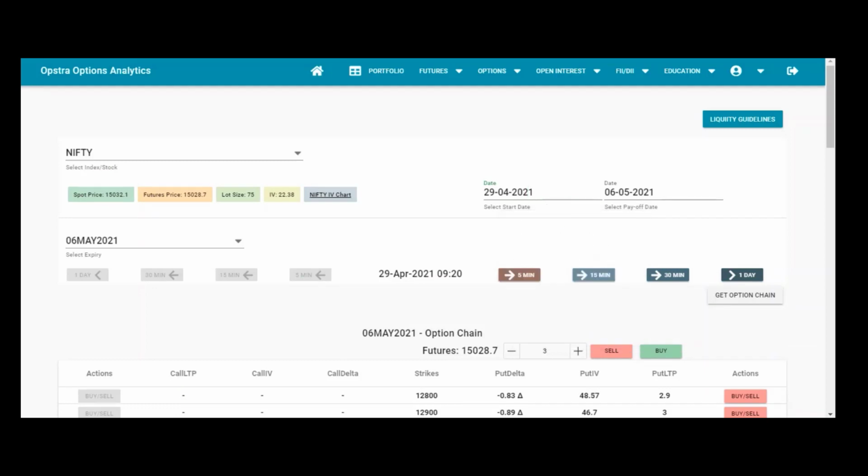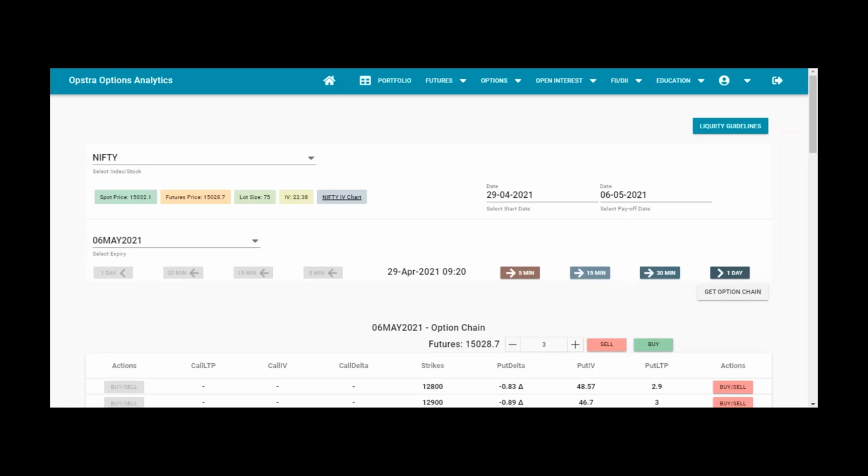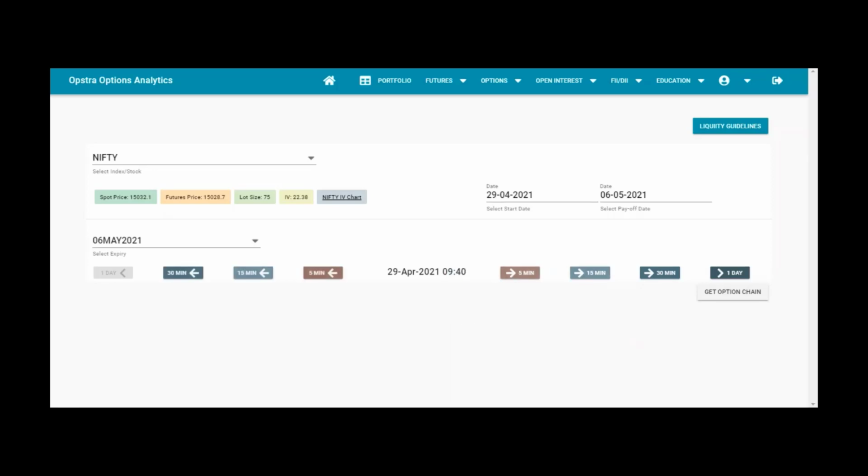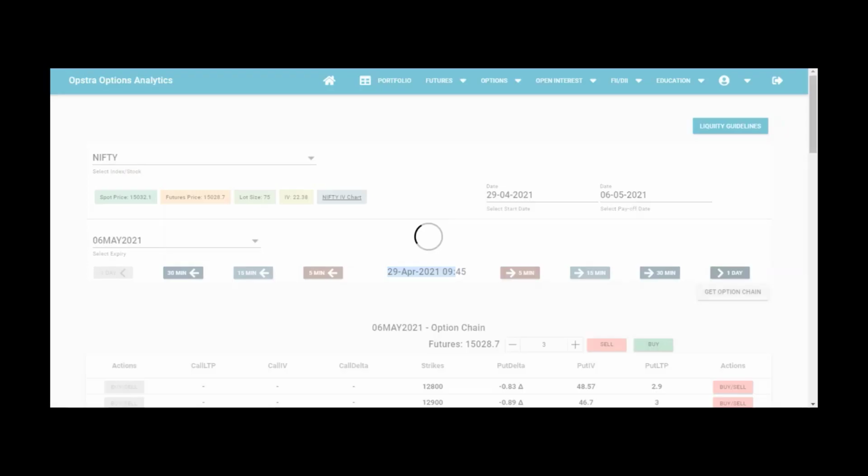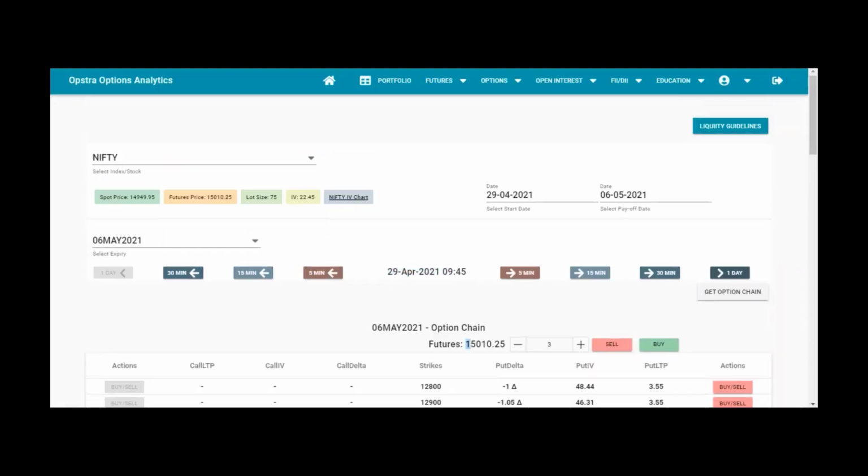Now set the time to 9:45. On 29th April at 9:45, what is the spot price? It is 15,010.25, which is near 15,000.